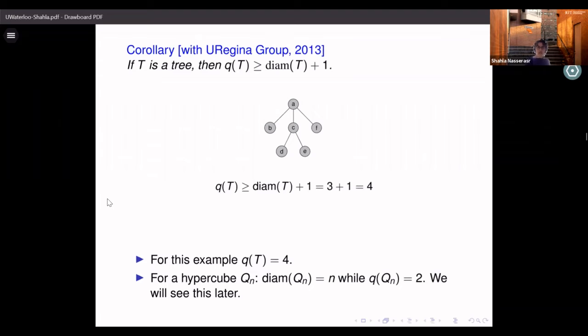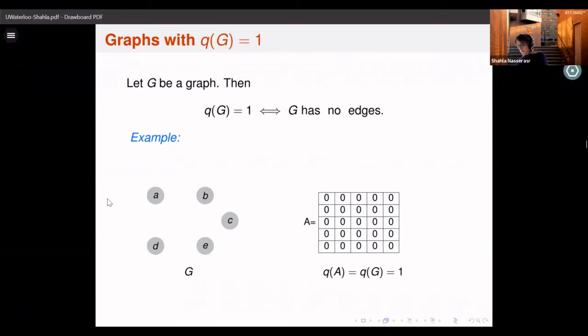So speaking of diameter, I'll just mention that it's not always going to be that diameter plus 1 is a lower bound for Q. And again, hypercubes are an example. In hypercubes, we know that the diameter is n for the ones with 2 to the n vertices. But later we will see that Q of these graphs is 2. So not only is diameter not a lower bound for Q, but also the gap between them can be quite large. So that's about some upper bounds and lower bounds for Q.